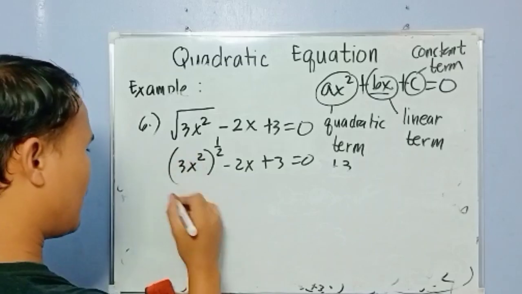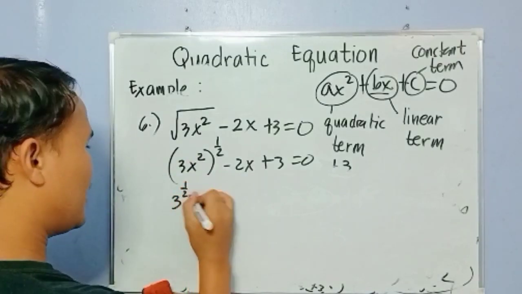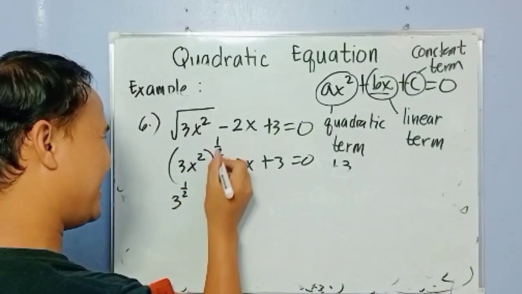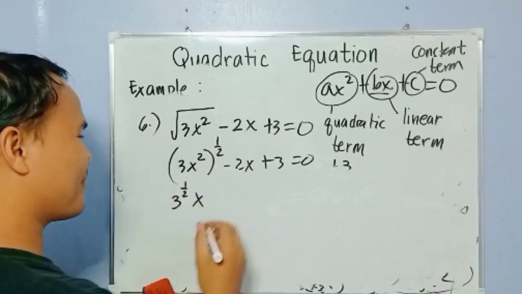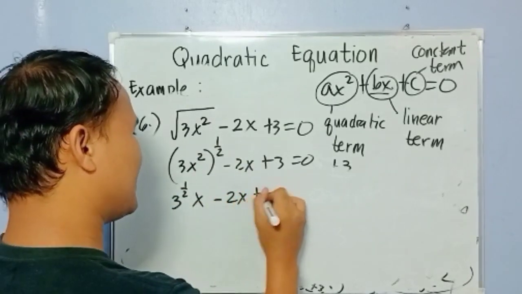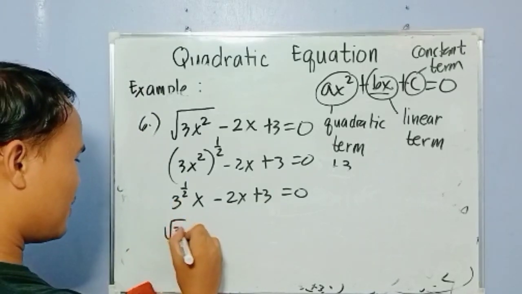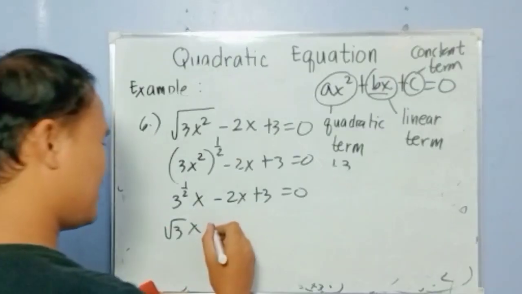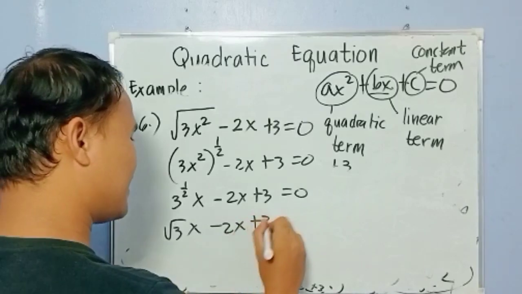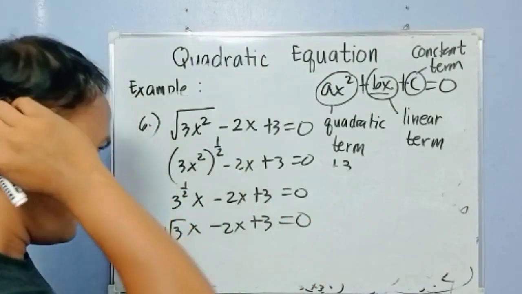Simplifying, we get 3 raised to the power of 1/2 times x, minus 2x plus 3 equals 0. So this will be square root of 3x minus 2x plus 3 equals 0.